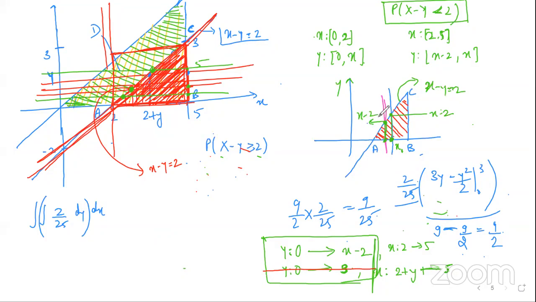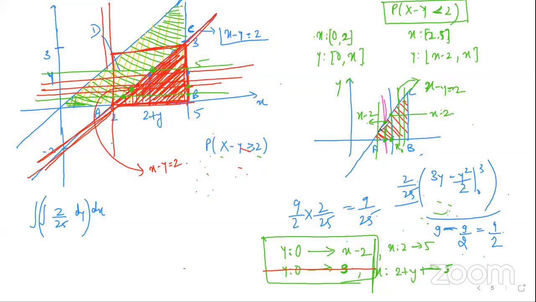So any vertical line you draw in this region, your lower limit is always 0, and your upper limit is always a point on this curve, x minus y equal to 2. So y is always going to vary from 0 to x minus 2.